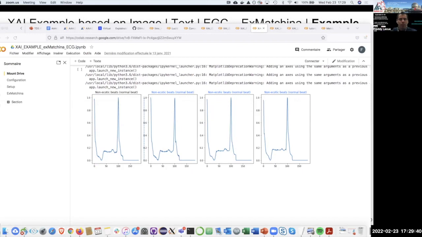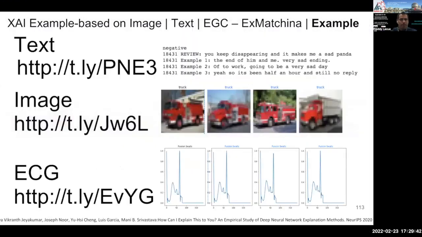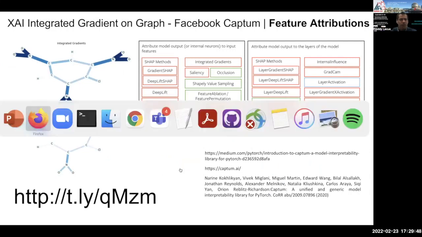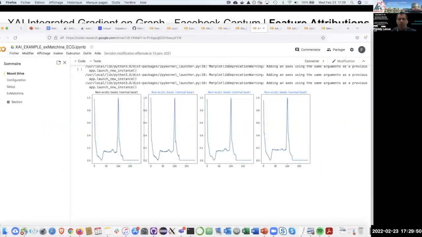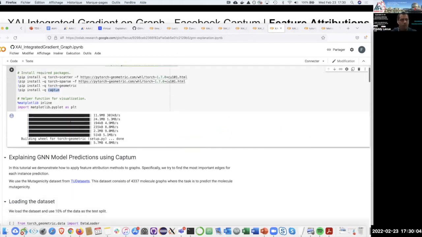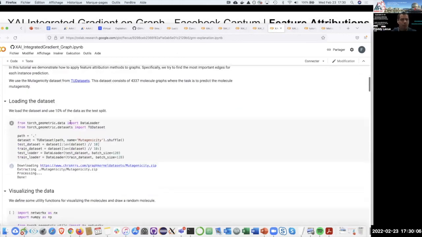Okay, I'll move to the one on graphs. That's the one where I've been using Captum, the Facebook library. So this is the Captum library that you use, and we use the Torch library here.